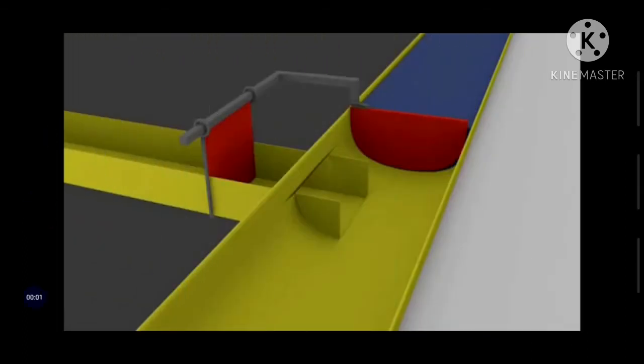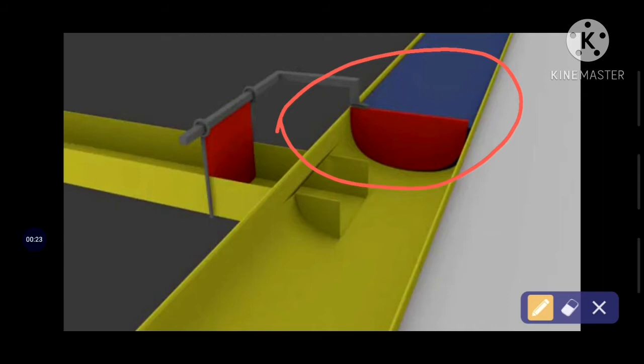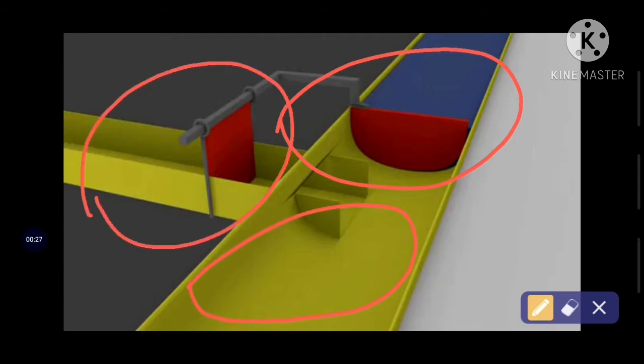Here is an analogy which will describe the operation of a BJT. Here you can see 3 different input terminals, or 3 different regions. If we consider the flow of the liquid from this part to this part, it is actually controlled by this valve.